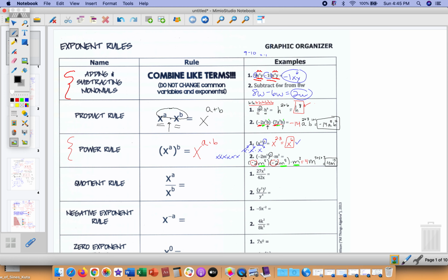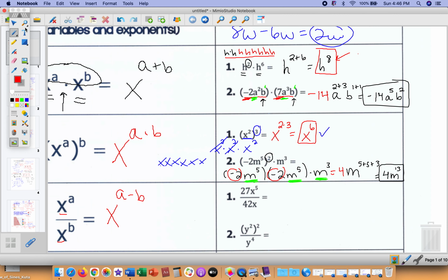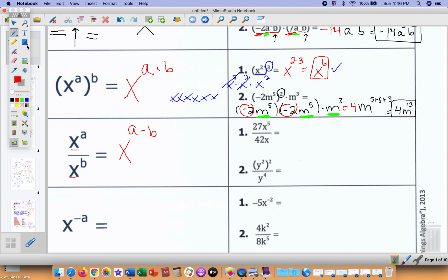If we look at this next one, we're talking about the quotient rule. So division. So when you have same base, you're going to subtract the powers. So base top power a minus the bottom. Let's look at number 1 for the quotient rule. So 27 and 42, we want to ask ourselves first, what are the top and the bottom both divisible by?